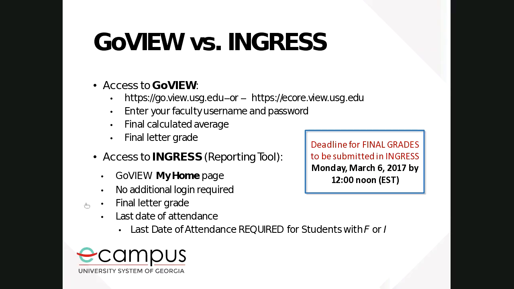That's an acronym for basically system-wide banner version for eCampus serving the faculty. And then you also want to include the last date of attendance, and you only do that with 2 exceptions, and that would be for a failing student or for an incomplete grade. We're going to unpack this entire slide as we go through this presentation.